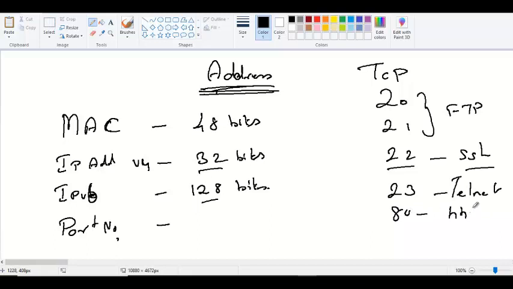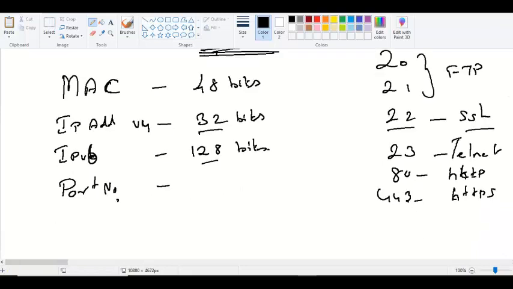What is port number 443? HTTPS. Now, these are all widely used services. That's why I'm writing them.